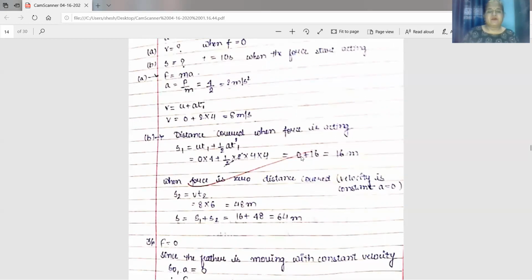For the second part, when the force is 0, the distance covered S2 will be equal to velocity into time. Velocity is the final velocity, that is 8, which you have got. And total time given is 10 seconds, of which 4 seconds the force is acting on it.